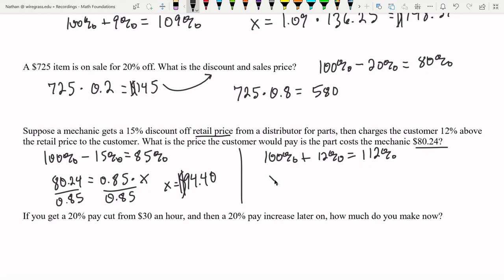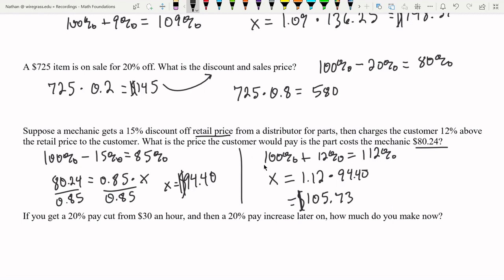So we have the part that we don't know is 112% of the whole, or the initial price. That means we just need to multiply those, and rounding to two places gives us 73. The customer pays $105.73 for the part.